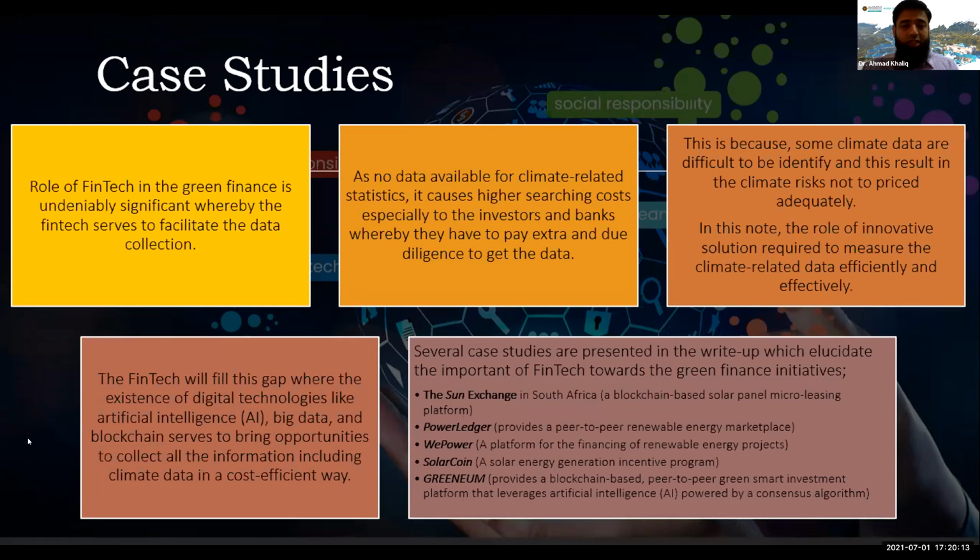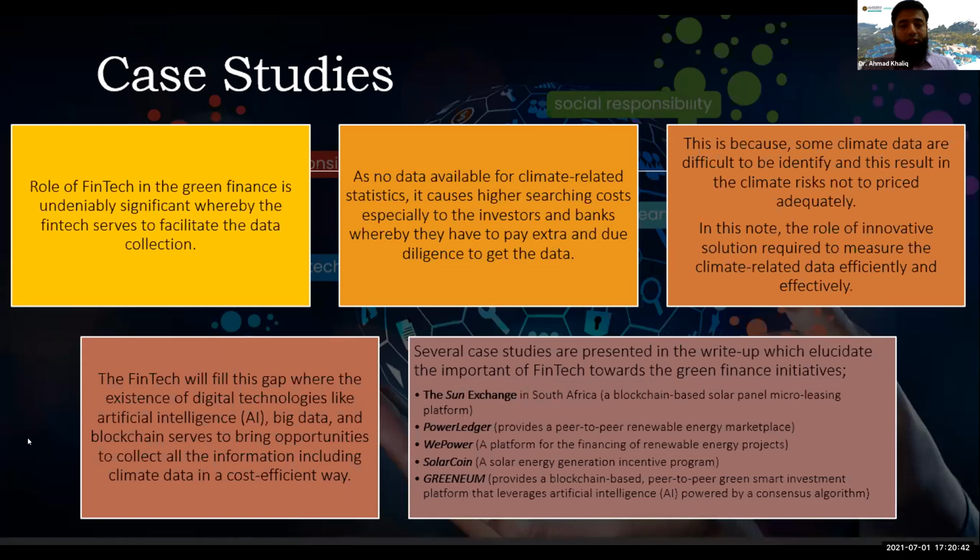When it comes to climate-related statistics, unfortunately there is not much data available, and it causes higher search costs, especially for investors and banks, who have to pay extra and do other due diligence to get the data. And it results in another risk-related issue, so that the climate risk is not priced adequately.